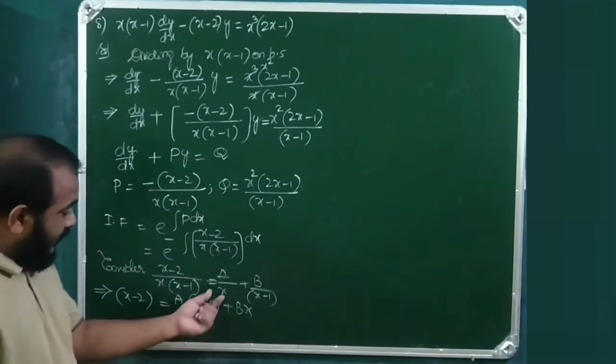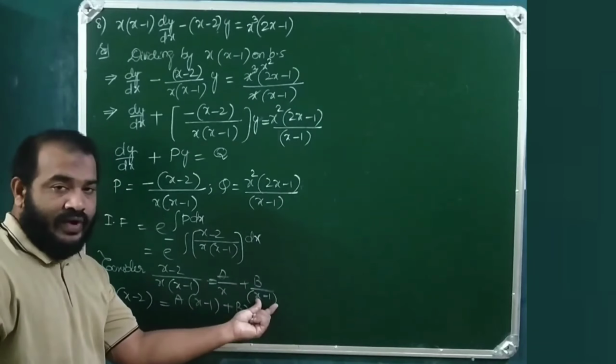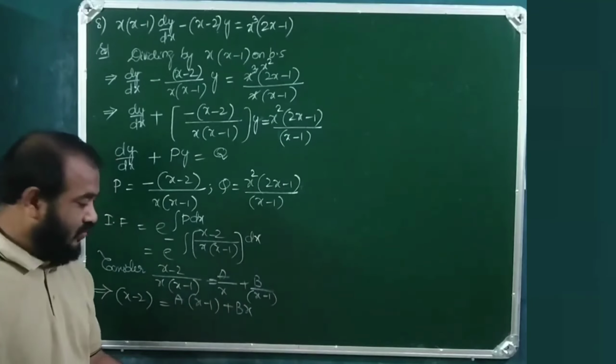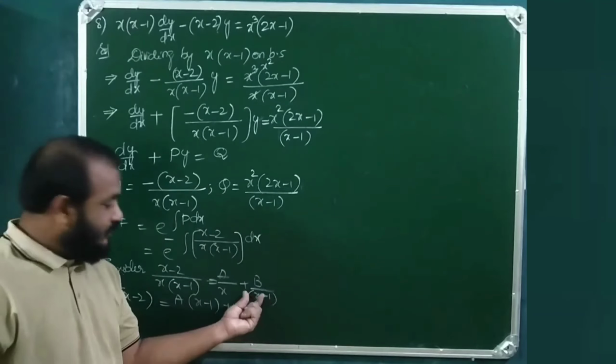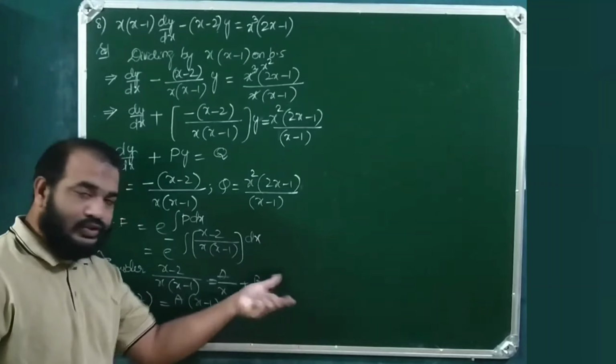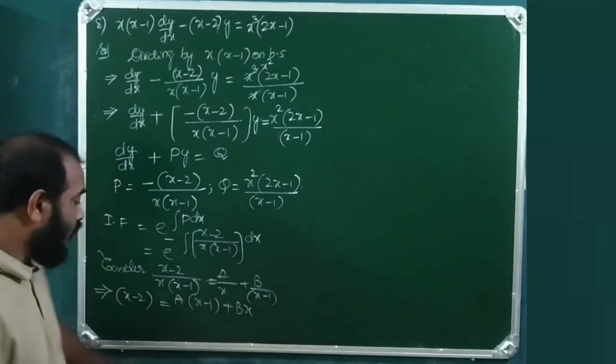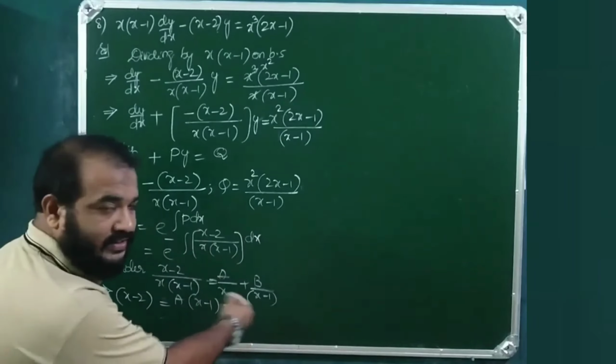Let us take x equals to 0 and x equals to 1, because these are the roots. Since x and x minus 1 are the factors, make it to 0, x equals to 1 is the root. So let us take x equals to 0 and x equals to 1.